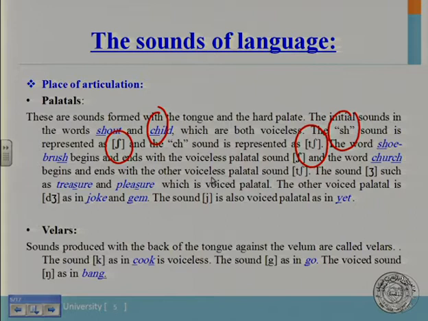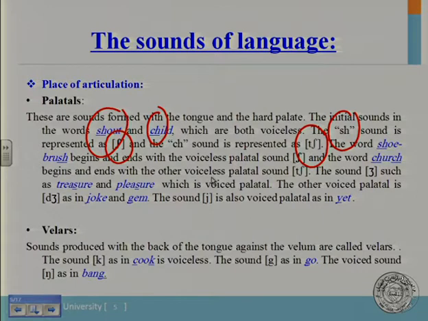You can feel that there is a t sound before sh in ch. We have sh as in shot, but ch as in child.